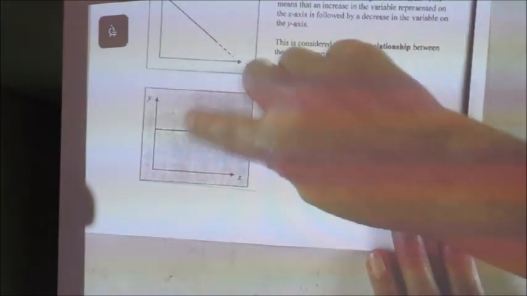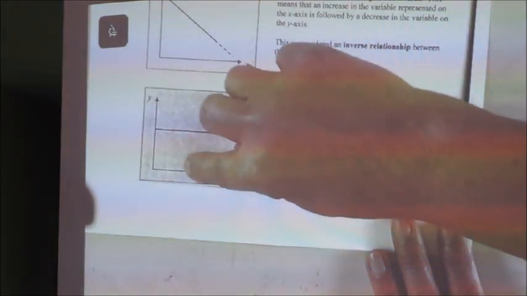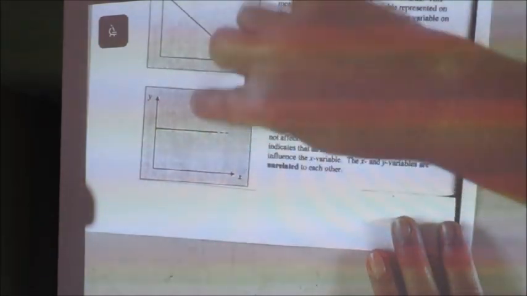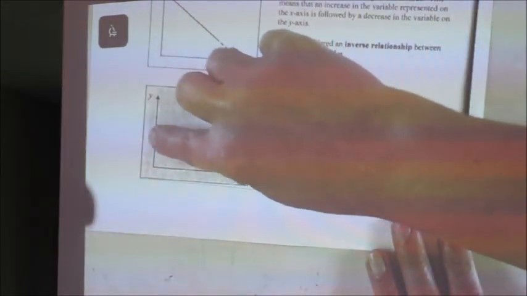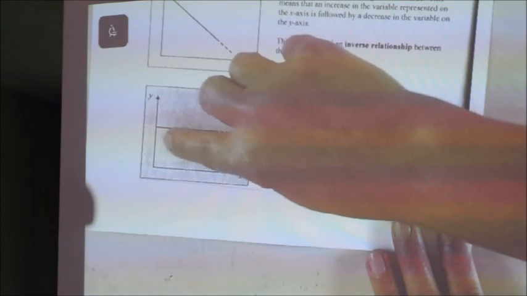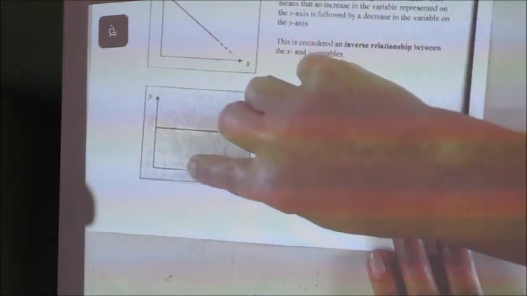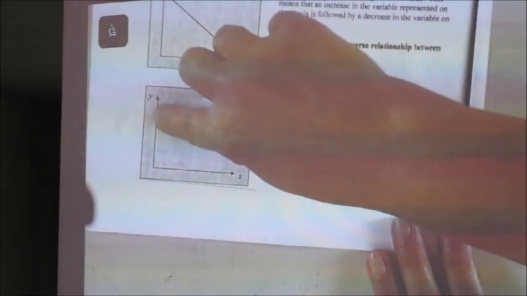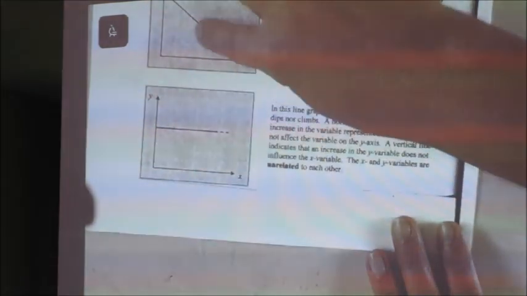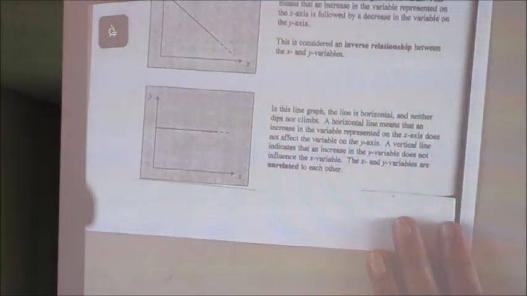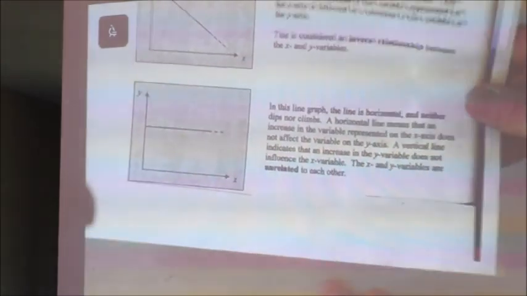The same goes if this line was a straight line going to the x-axis, meaning that as the y values, your dependent values, increase, your independent variable stays the same. Either a horizontal line or a vertical line indicates that your variables are not related. Now let me go over a typical ACT question that deals with a line graph.